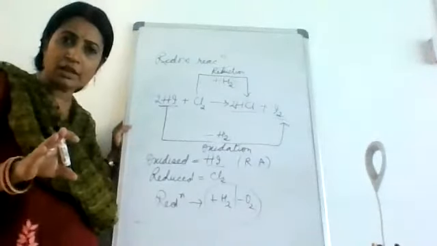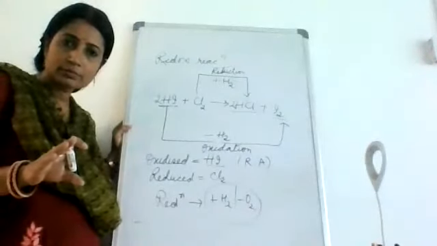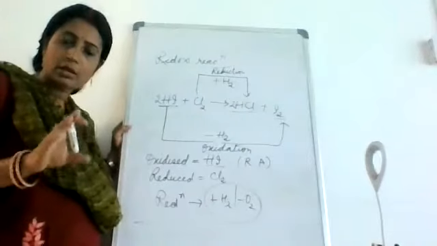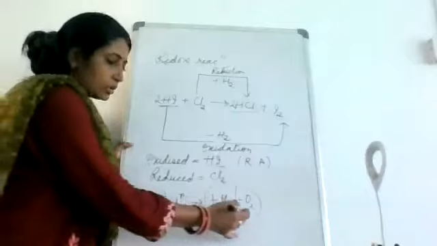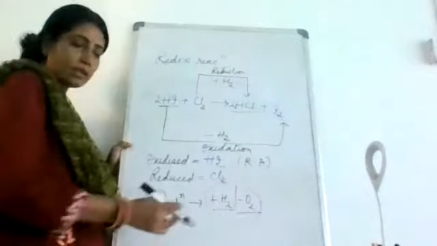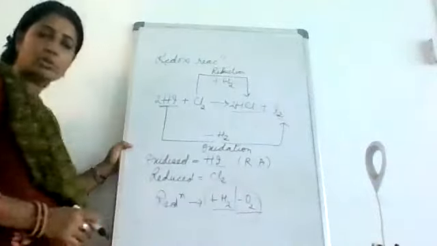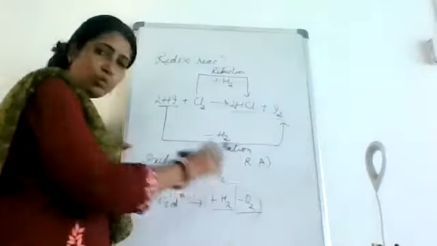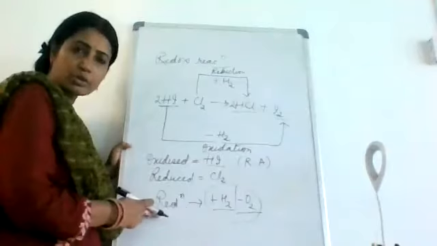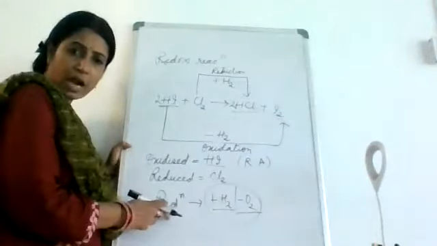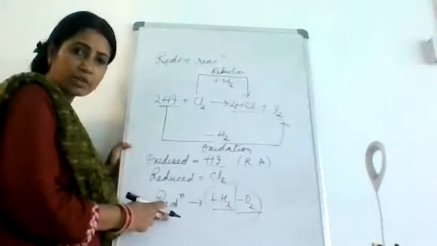Okay, this point is clear? Yes, ma'am. Okay. Reduction process means what? Plus H2 या minus H2. Either there will be addition of hydrogen or there will be removal of oxygen. That will be the process of reduction.